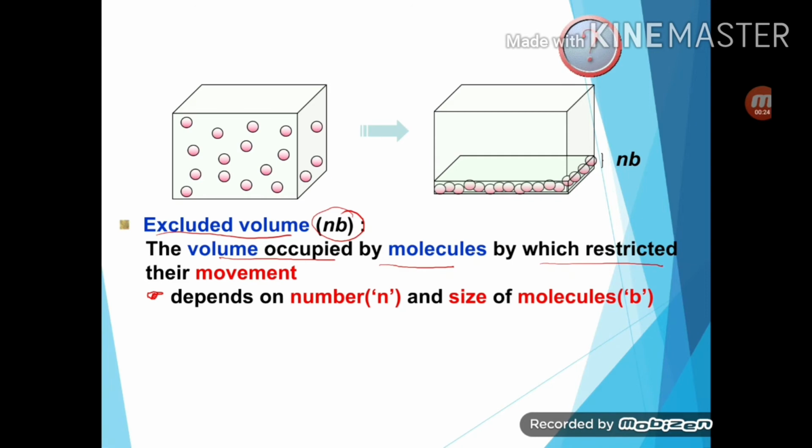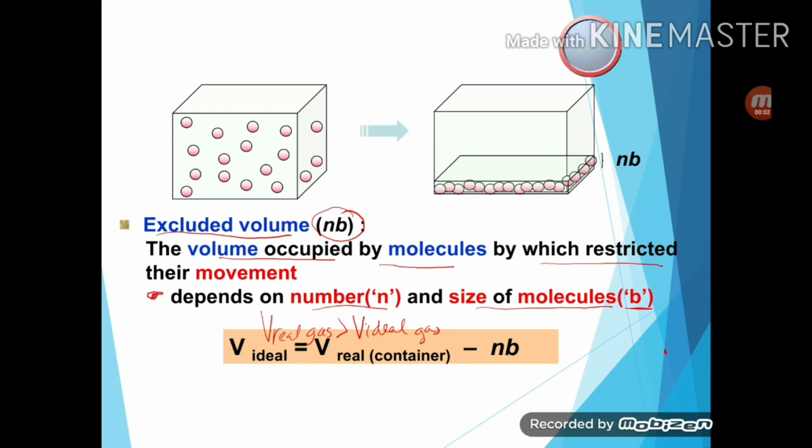The excluded volume depends on the number of moles, n, and the size of molecules, referred to as b. As a result, the volume of real gas is more than the volume of ideal gas. So, to correct for the fact that the volume of the real gas is larger than expected from the ideal gas equation, the factor nb is subtracted from the volume of real gas.